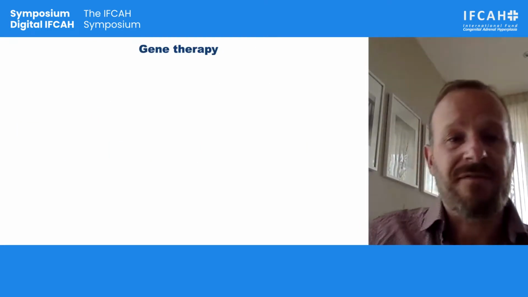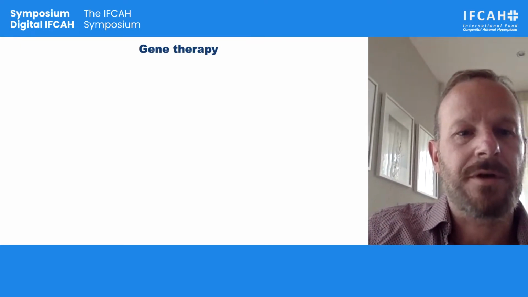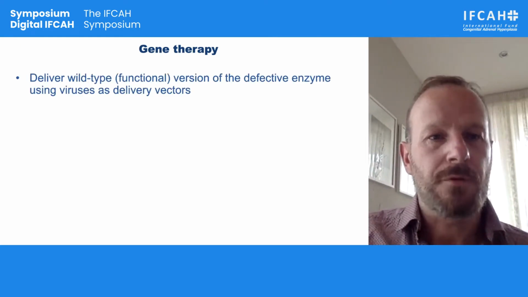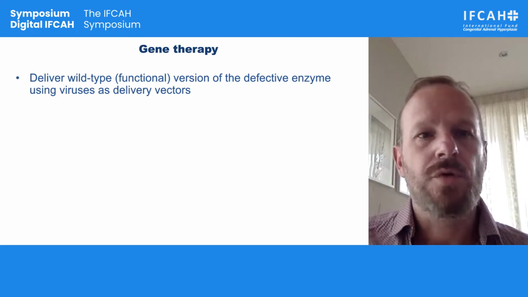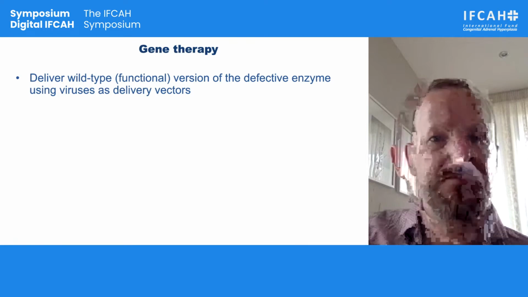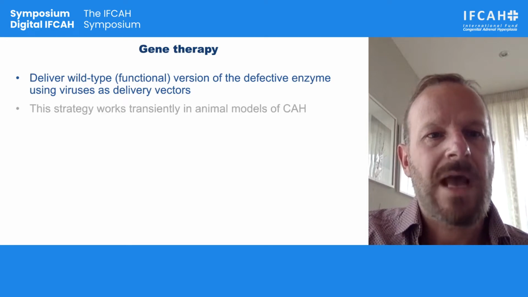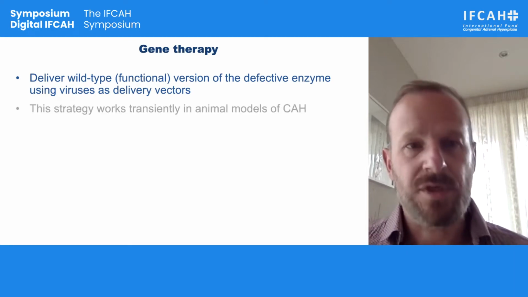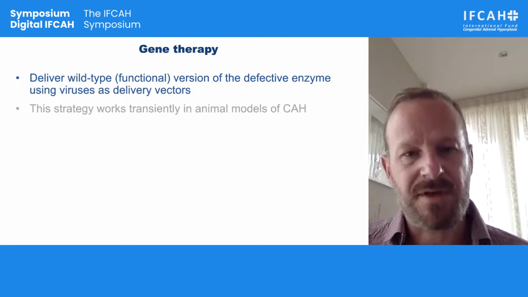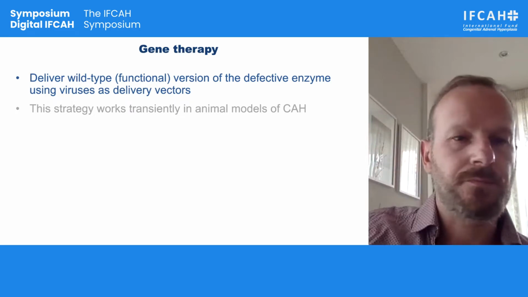Of course, Stefan has just presented this data. In general, we know that for gene therapy we need to deliver a functional version of a defective enzyme using, for example, viruses as delivery vectors. And we also know that the strategy works, albeit maybe a bit transiently, in animal models of congenital adrenal hyperplasia, for example 21-hydroxylase deficiency.